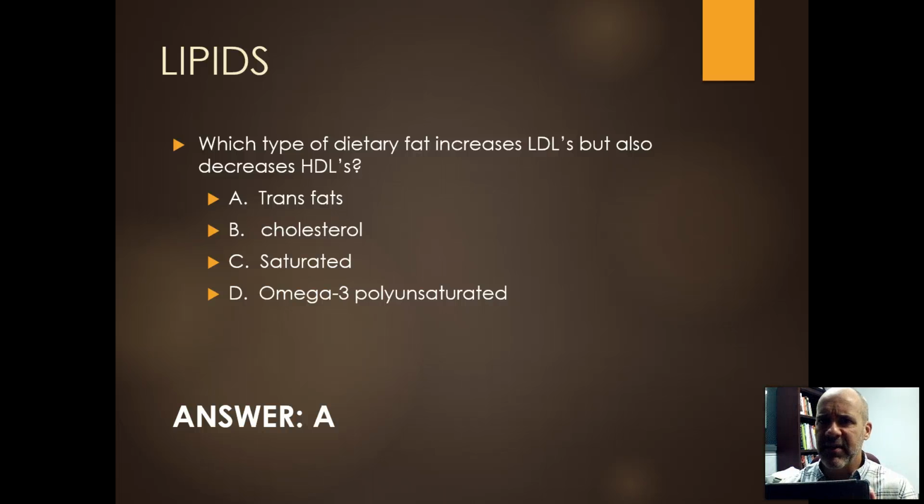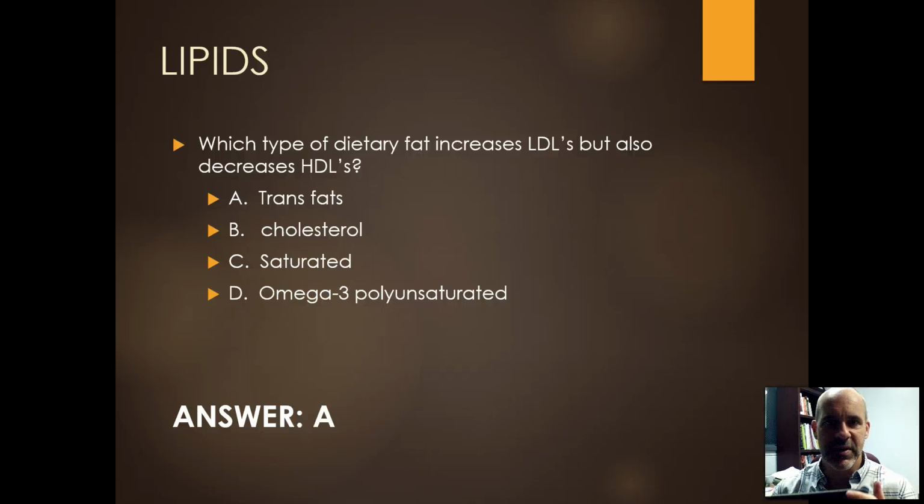We've heard a lot about those; they've really been in the news the last several years. Trans fats are actually artificially created fats that do these horrible things to our lipoprotein profiles in the blood. And because of that, they've got a really bad reputation, and a lot of them have actually been removed from our foods.